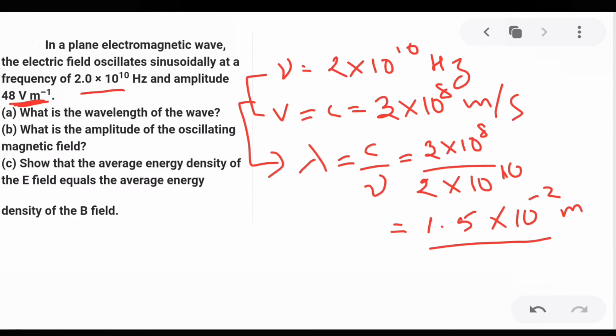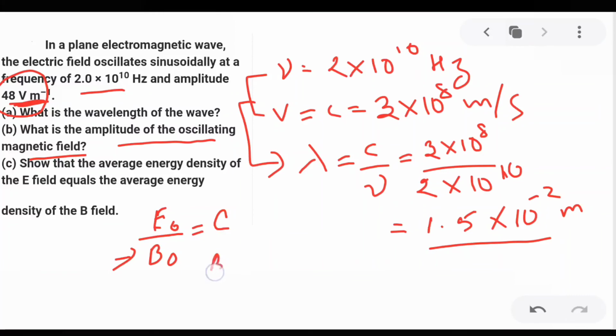Then it is asked what is the amplitude of the oscillating magnetic field. Now see, E naught by B naught, this ratio is equal to the velocity of the electromagnetic wave. Here it is equal to c, that is 3 into 10 power 8 meter per second. Now we have to find B naught. E naught is given, the amplitude of the electric field, 48 volt per meter.